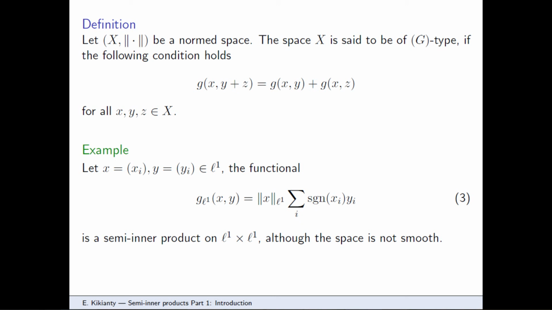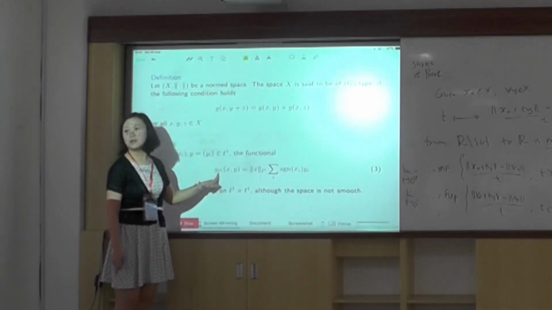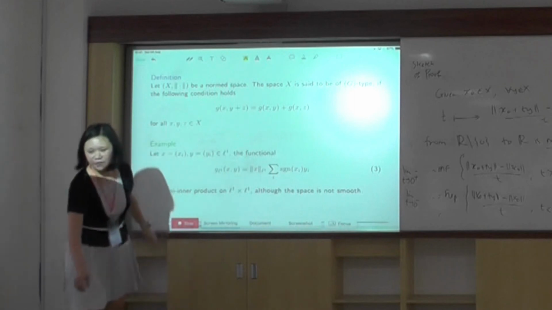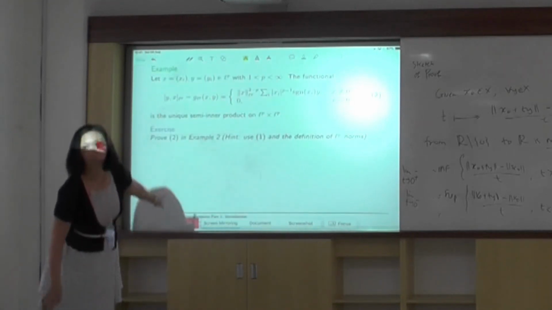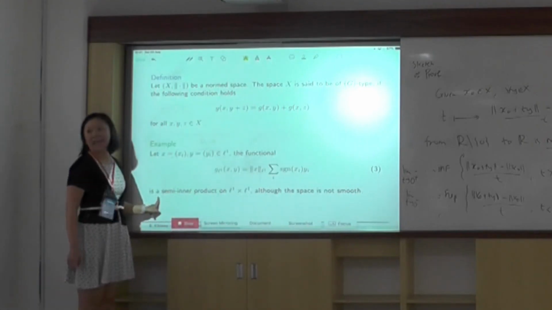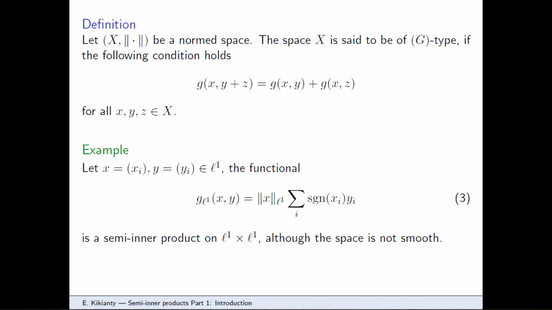In that case, we will call the norm space to be G-type, capital G, perhaps inspired by this G. So if in my previous formula I substitute p equals 1, then I get this, and this is a semi-inner product on little L1, even though the space is not smooth.